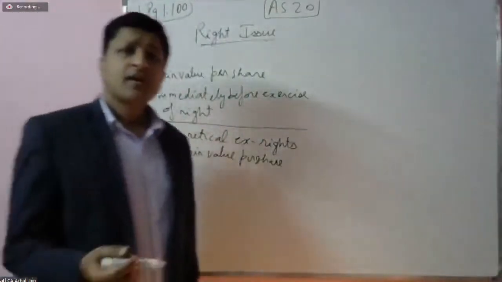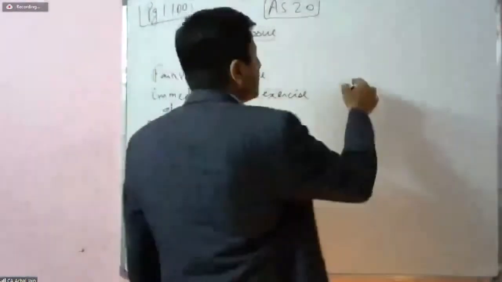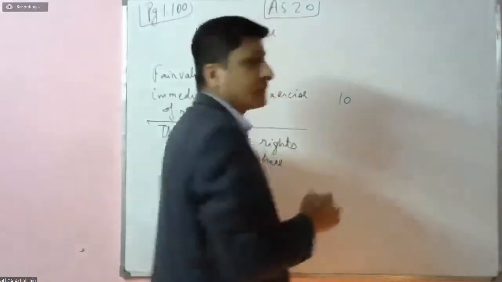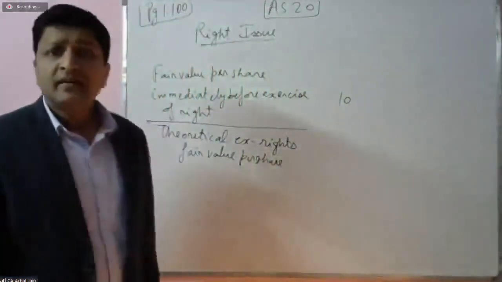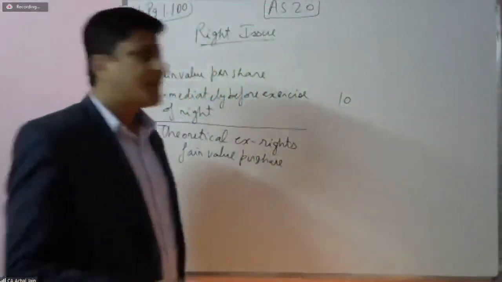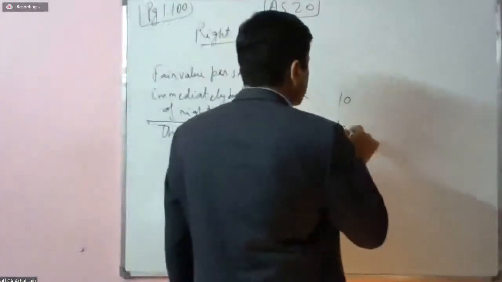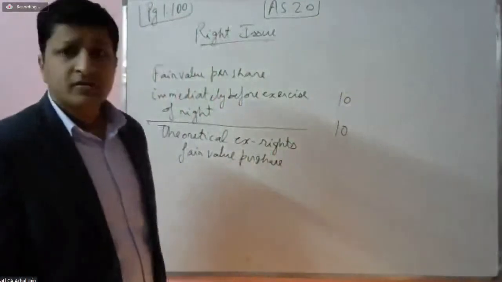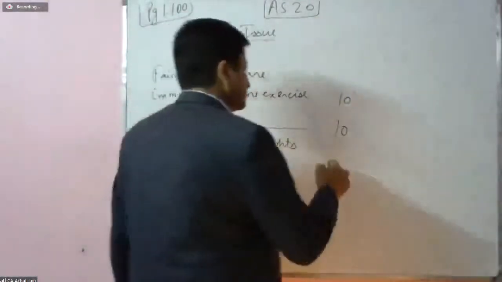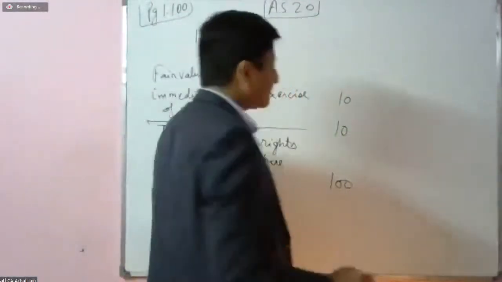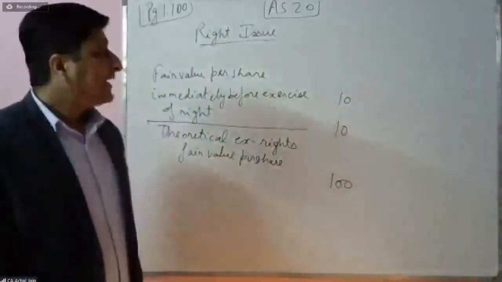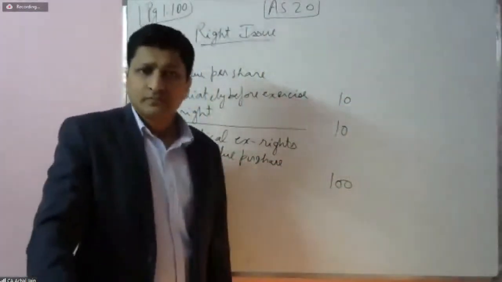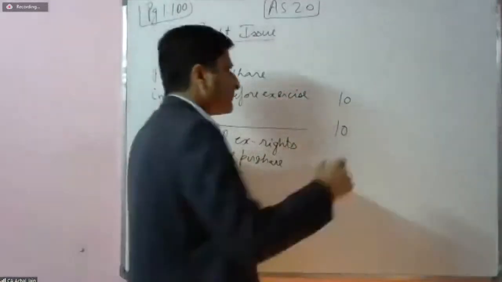Let's suppose company had 10 shares of rupees 10 each. So what was the amount? 100 was the amount. And the company issued 2 shares.